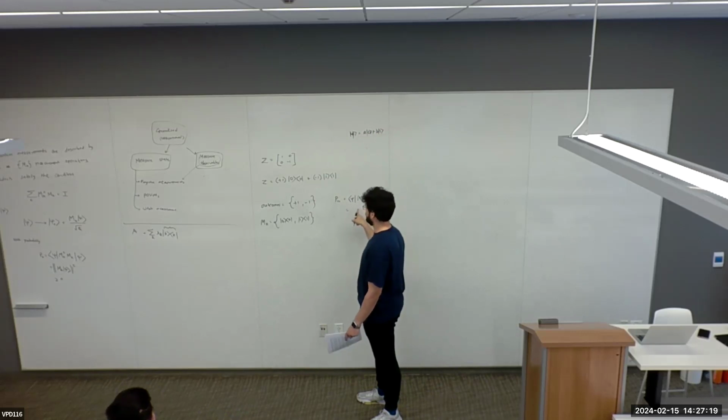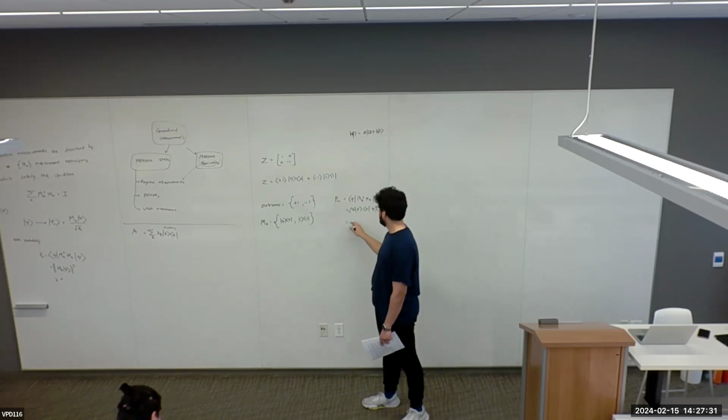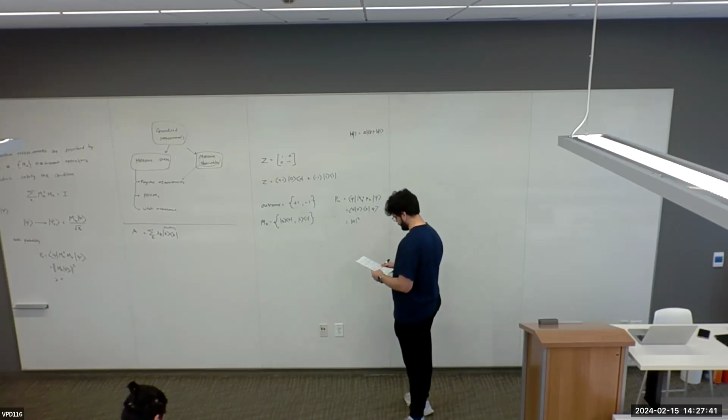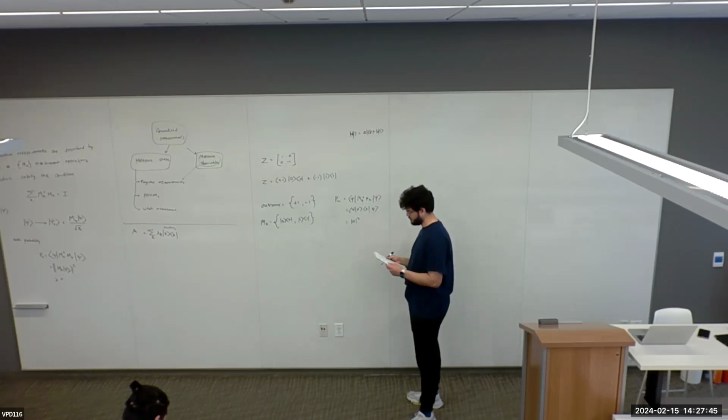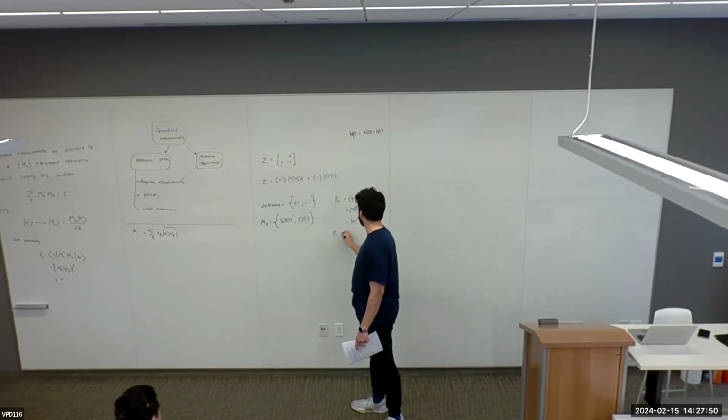But we know the measurement operators are these, so <psi|0><0|psi>. And if you calculate this, you will find that your probability would be mod alpha squared. Similarly, the probability for -1 will be mod beta squared.